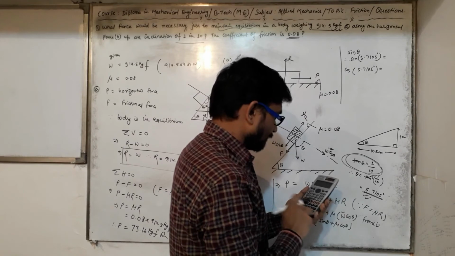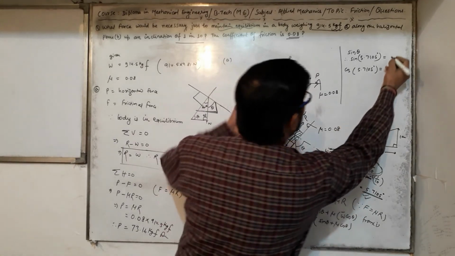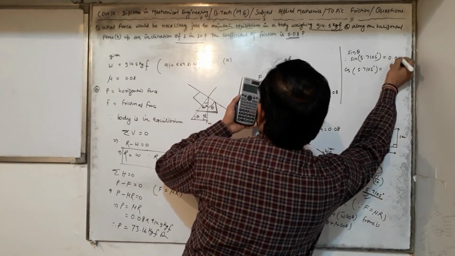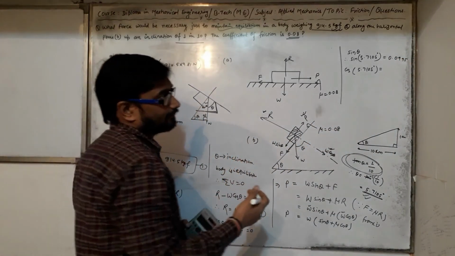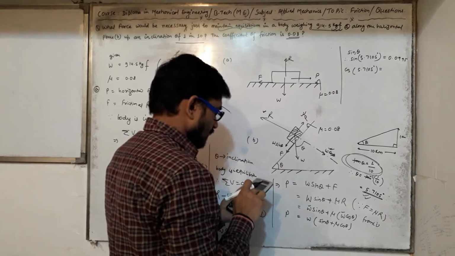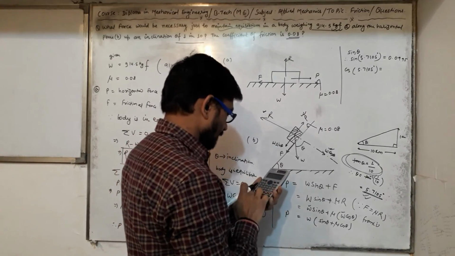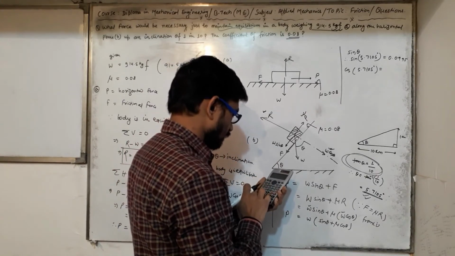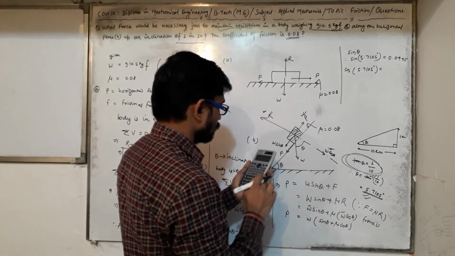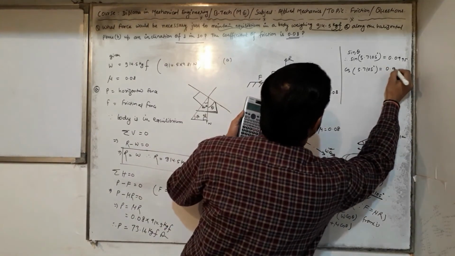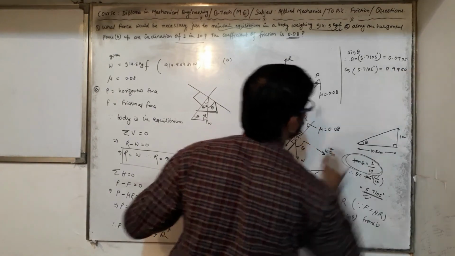5.7105 degrees, which is 0.0995. I'm taking up to 4 decimal places. Now cos of 5.7105 degrees is equal to 0.9950.